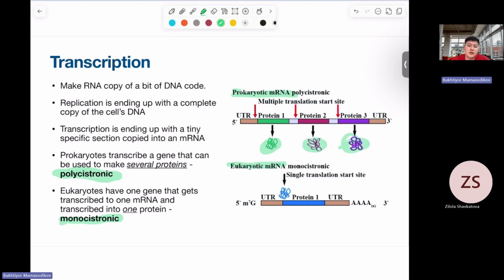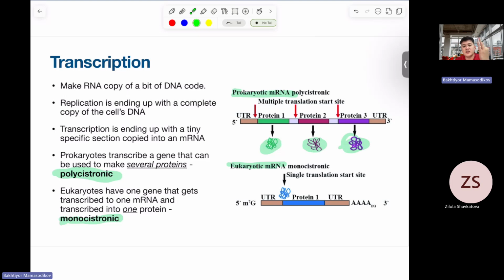This is called polycistronic messenger RNA. In prokaryotic cells, there is one long messenger RNA which has multiple start sites. You see the start sites? It makes multiple proteins from one message.